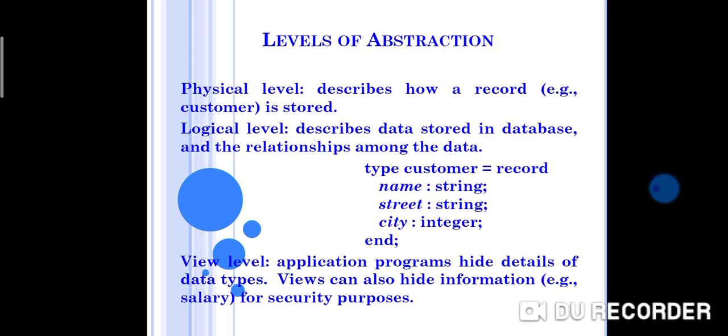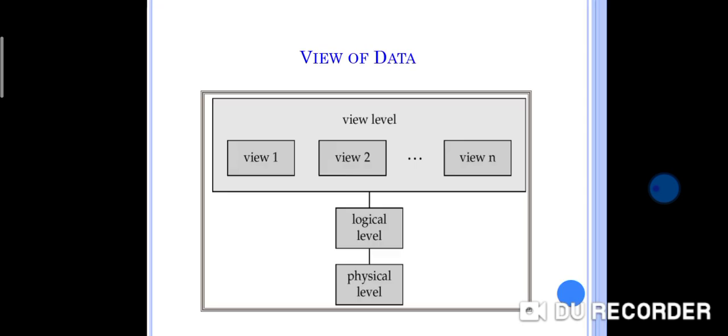Then at the logical level, these records can be described as fields and attributes along with the data types. The relationships among each other can be logically implemented. The programmer generally works at this level because they are aware of such things about the database system.